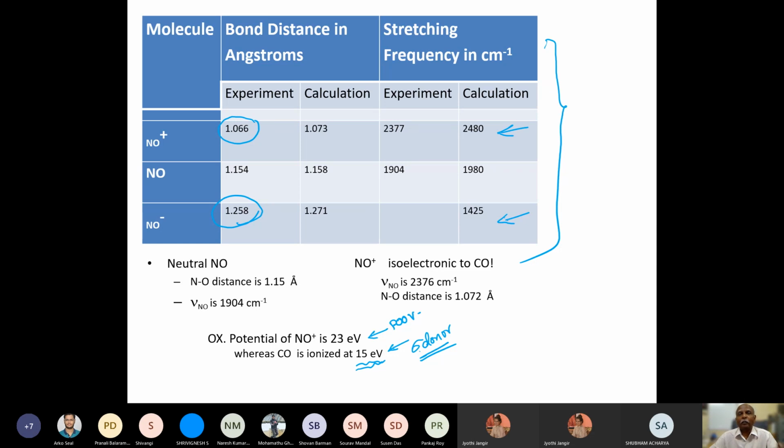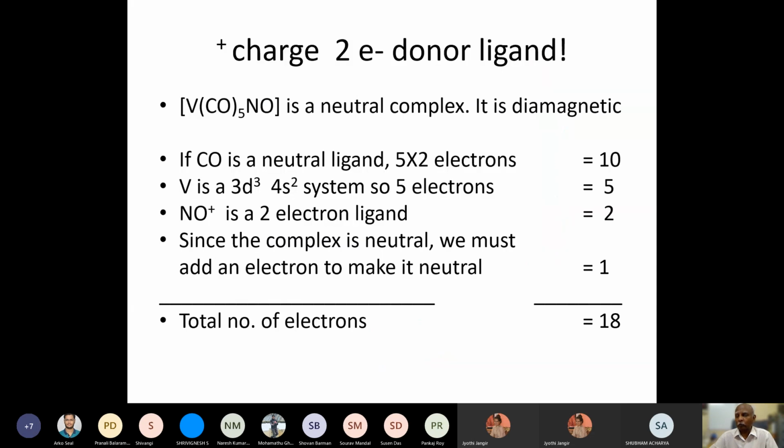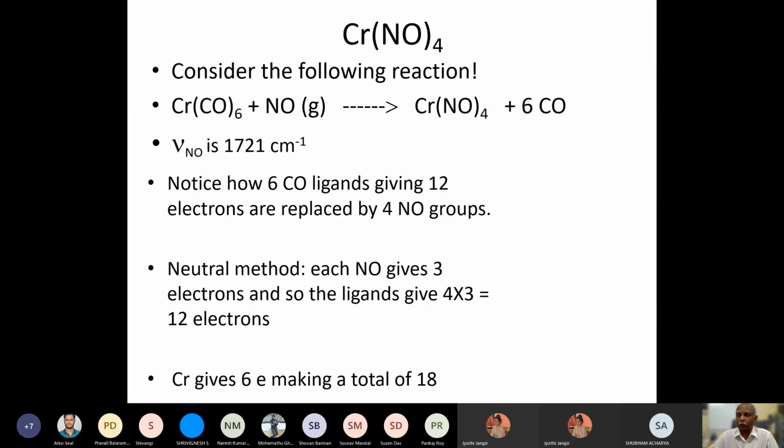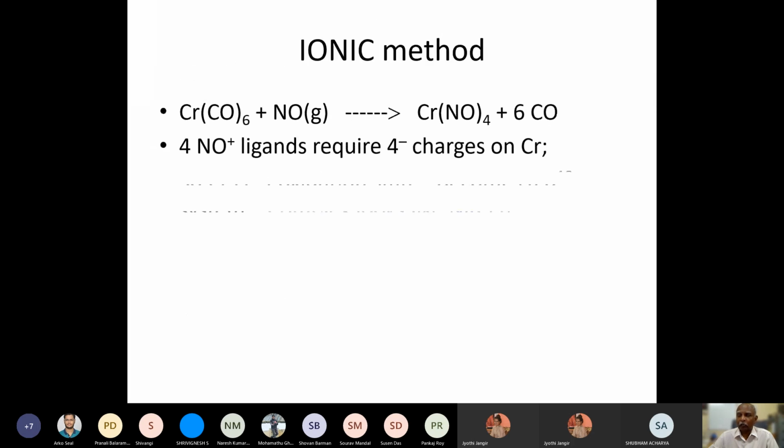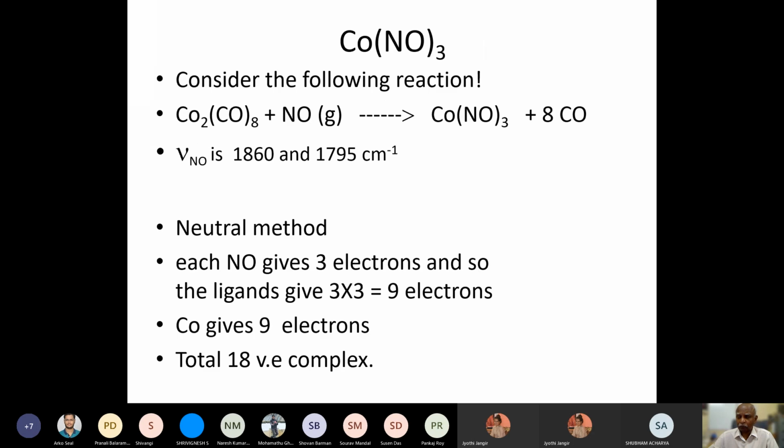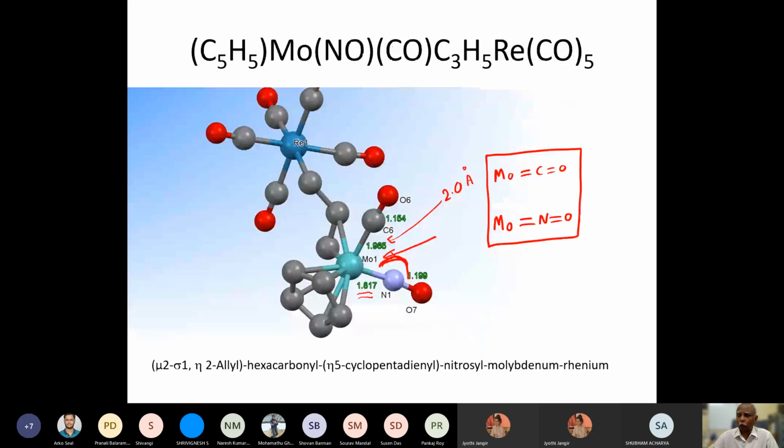Unfortunately, the moment you put it in a metal complex, you cannot have perfect one electron charges on the ligand or on the metal. So I'm going to skip now the electron counting part, partly because I've already done it and partly because I'm going to post it a little more. So I'll skip this and I will now go to the next section.